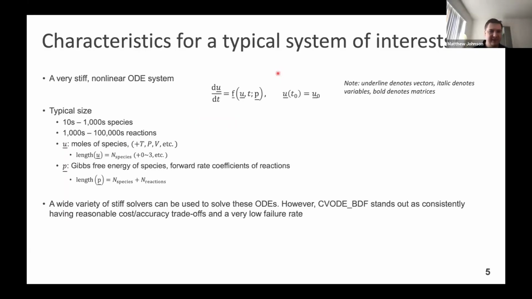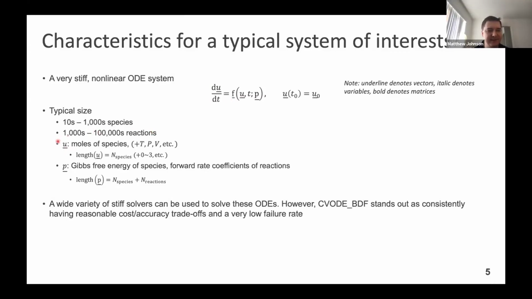Now, it's worth going a little bit over what we're actually simulating, what's happening under the hood when we simulate a mechanism. Nominally, a chemical kinetic mechanism for most reactors, say a constant TP reactor or a constant volume reactor, is going to be a very stiff nonlinear ODE system.